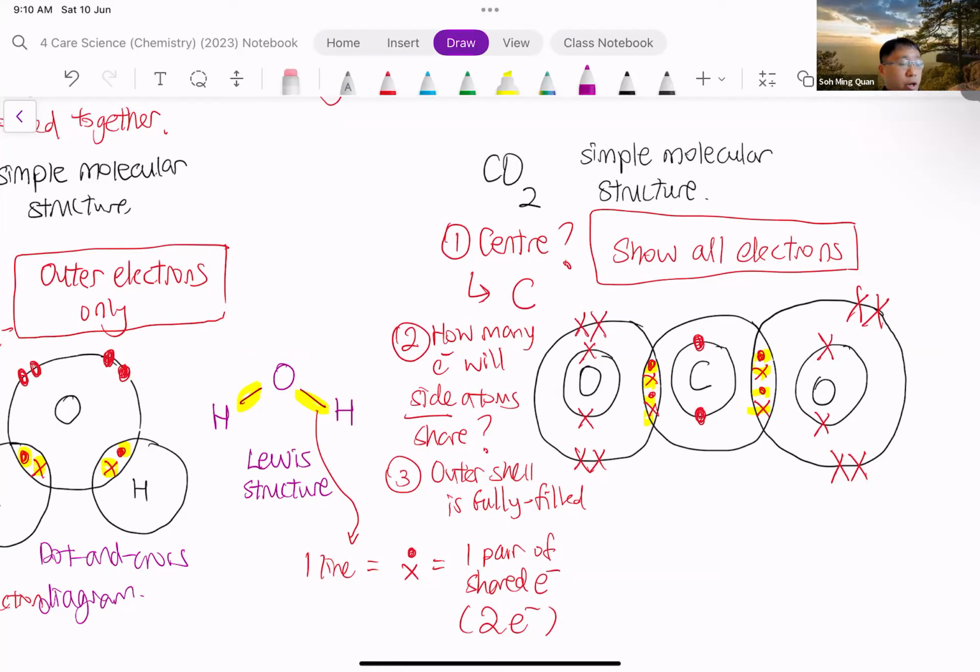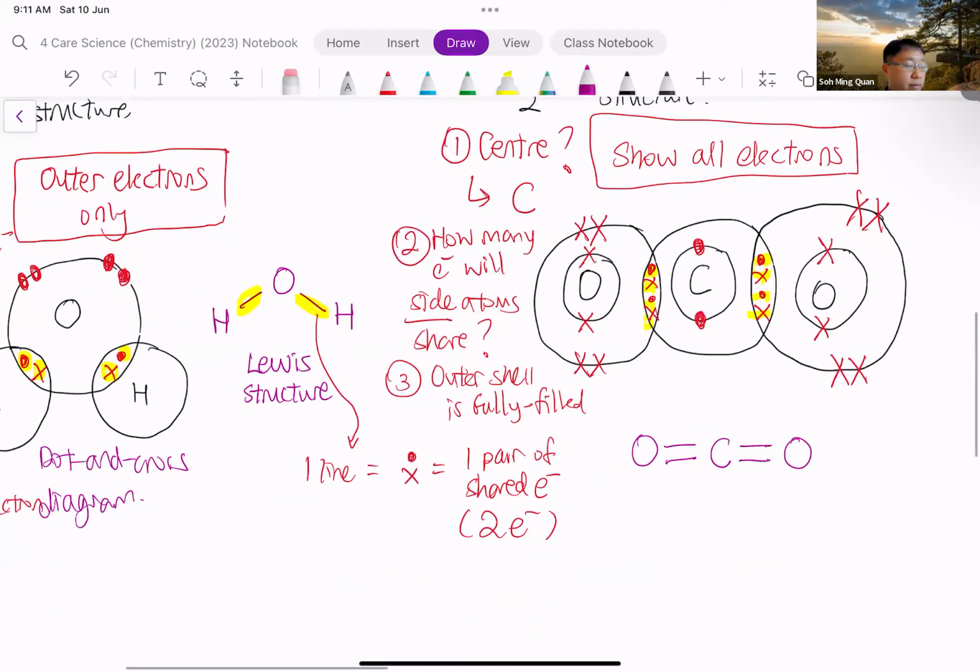Now we are able to draw the Lewis diagram as well. This time round, you must be careful, because oxygen shares 2 electrons. So there are 2 pairs of electrons shared. 2 pairs, 2 lines. So this is a double bond. So CO2 contains a double bond between carbon and oxygen. All right?